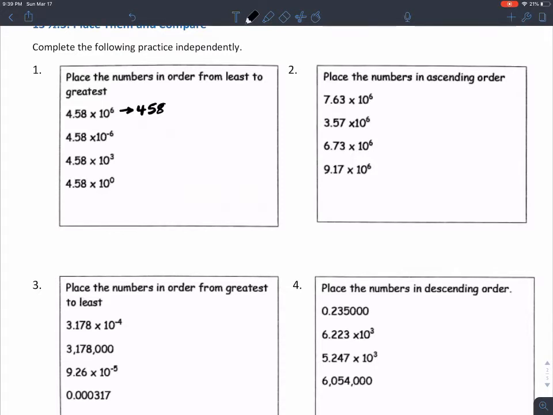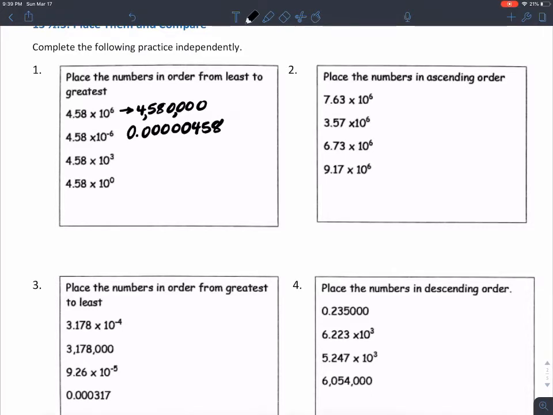458. That's 2 places. 3, 4, 5, 6. On the next one, I would be going the opposite direction because it's a negative exponent. So I would have 0.12345 would be the 4.